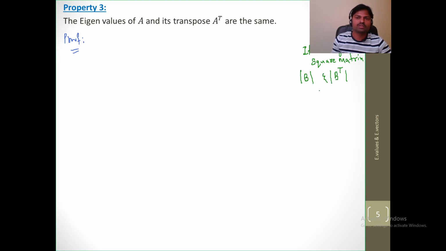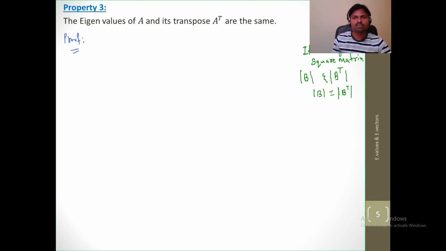Find out both the determinants. What can you say about these two determinants? They are the same actually. The determinant of B and the determinant of B transpose are the same. Take one square matrix roughly and verify this is true.